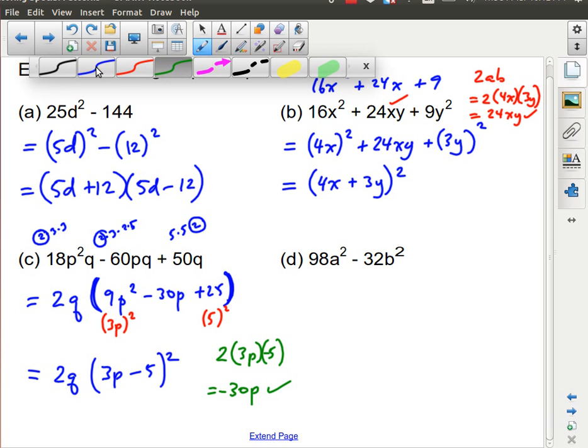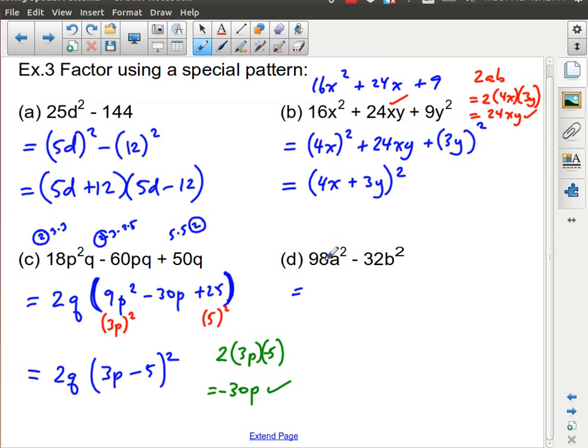And for the last one, common factor, well, they're both even, so I can see that 2 goes into both of them. And then this one is 2 times 49, which is 2 times 7 times 7. This one is 2 times 16, doesn't have anything to do with 7s, so it's just going to be 2. A and B are separate, so can't do anything there. So this becomes 49a squared minus 16b squared.